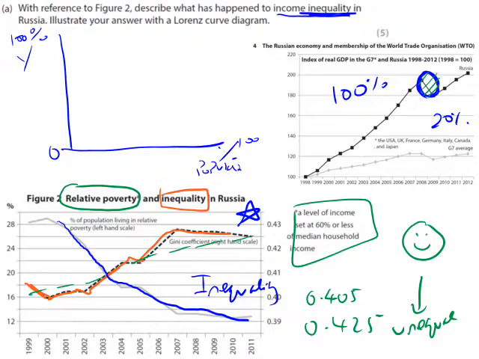And the line of equality, if we drew it, it would have been better if we had a label.